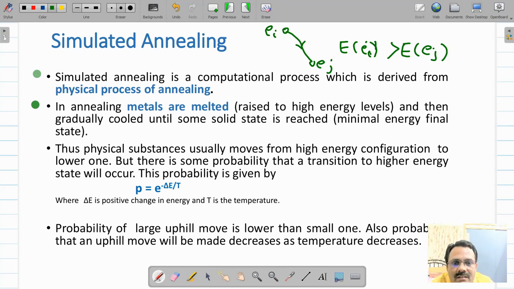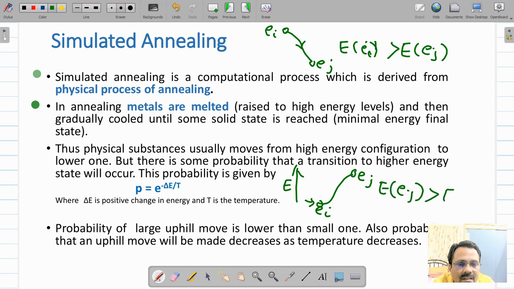Otherwise, consider another situation. Suppose we have state Ej and another state Ei. You are at state Ei. Along with this we have energy. So energy of state Ej is greater than energy of state Ei.